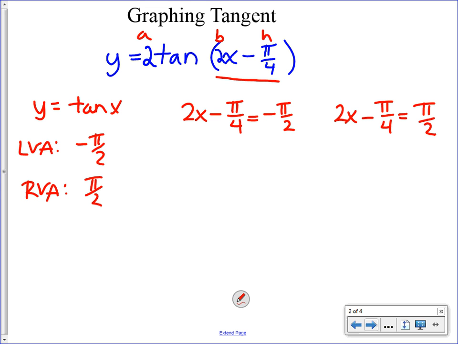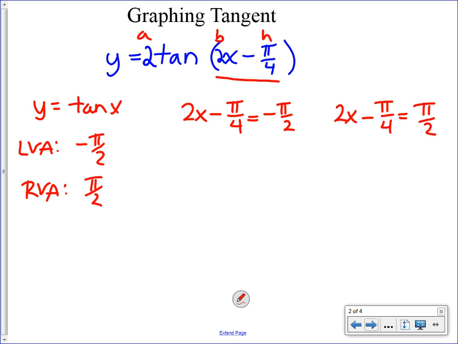And we're going to solve those equations for x. As we solve for x, we will be applying the phase shift and the horizontal stretch or compression, okay? So the solutions for x will represent the vertical asymptotes for our transformed graph. Okay, so let's go ahead and solve these equations.